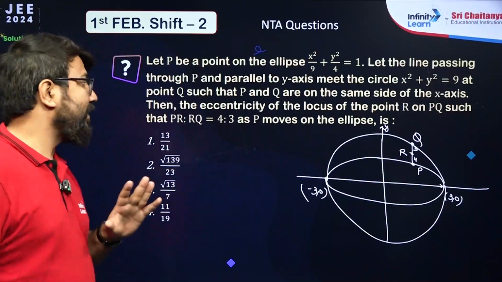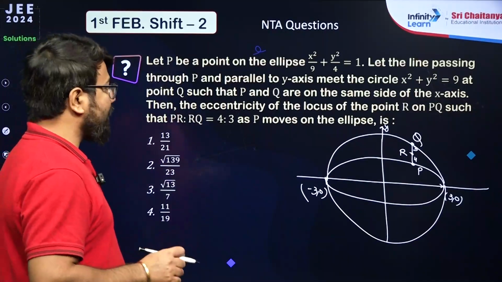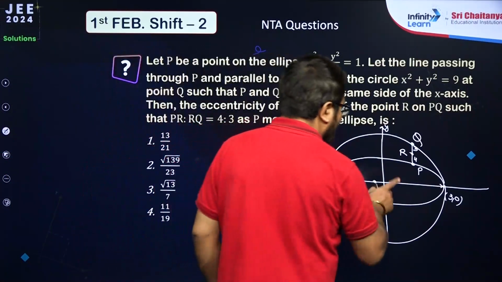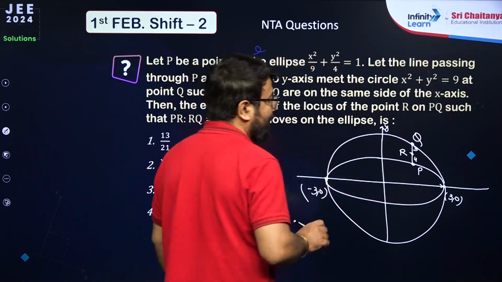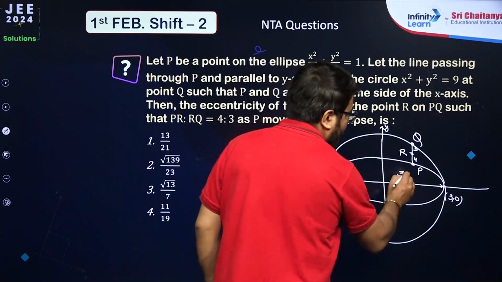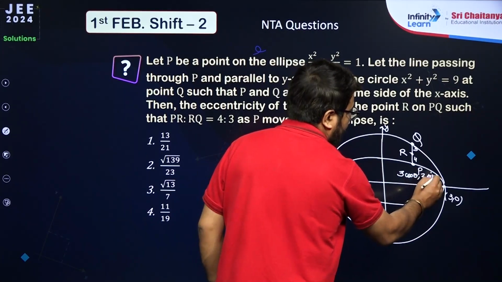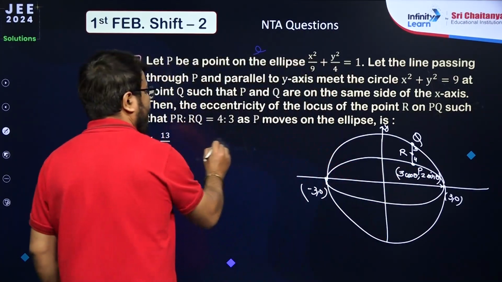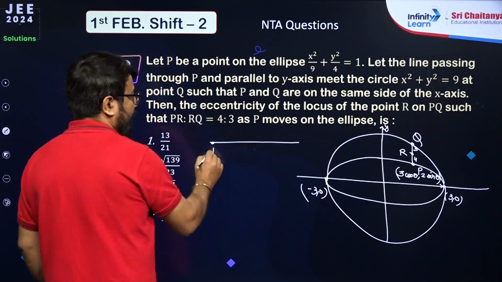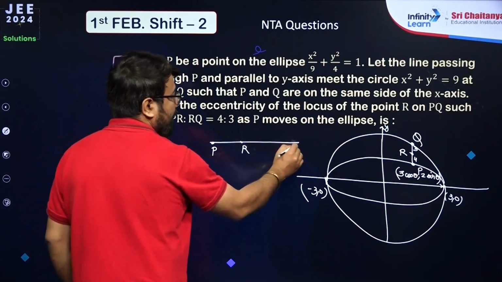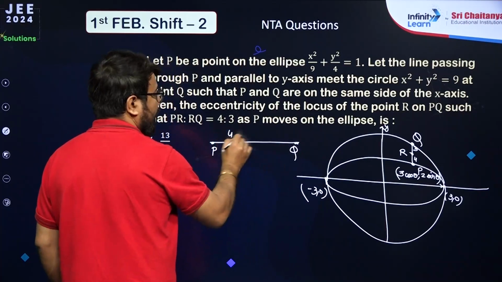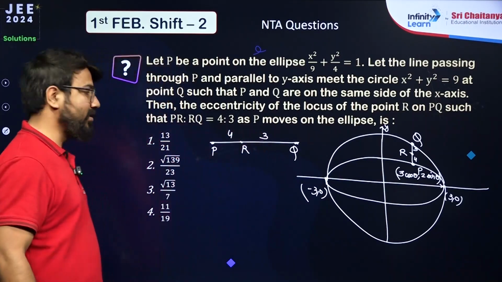to find the eccentricity. So first of all, let us assume that P is on the ellipse, so that will be a cos theta, b sin theta. Okay, so this is the P coordinate. Basically, let us draw a straight line. Here we have P, here we have R, and here we have Q. So this R is dividing the line PQ in the ratio 4:3.